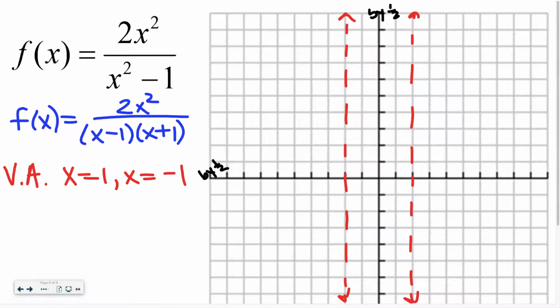There we go. Now, the degrees of our denominator and numerator, they are the same. So when they are the same, we look at our coefficients. Our coefficients are 2 over 1. So our horizontal asymptote is y equals 2 over 1.